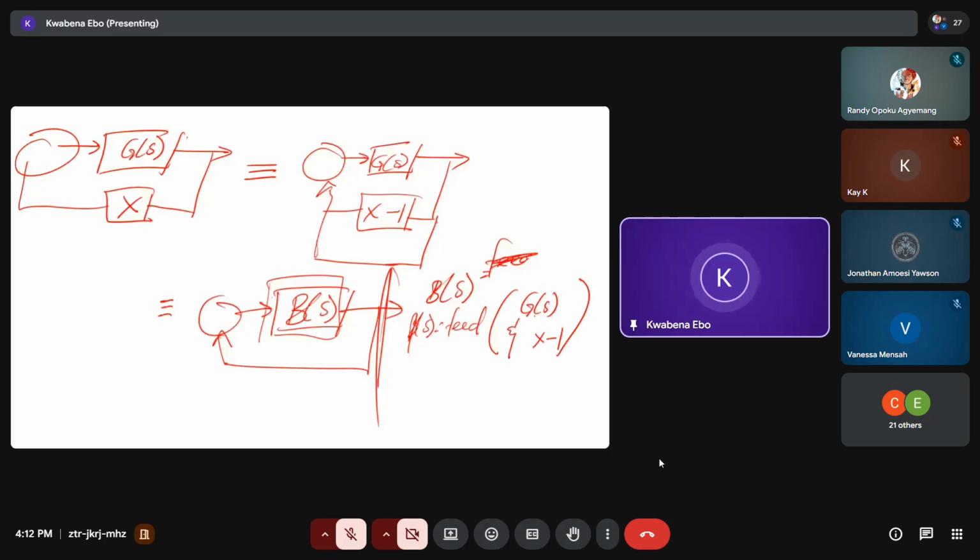You know what to do with a feedback: it will be G of S over 1 plus G of S multiplying X minus 1. I hope everyone gets it. As I said, unmute and tell me. So this is what it will become. If we are making this look like any feedback system, that means our B of S will now be equal to G of S over 1 plus G of S H of S.